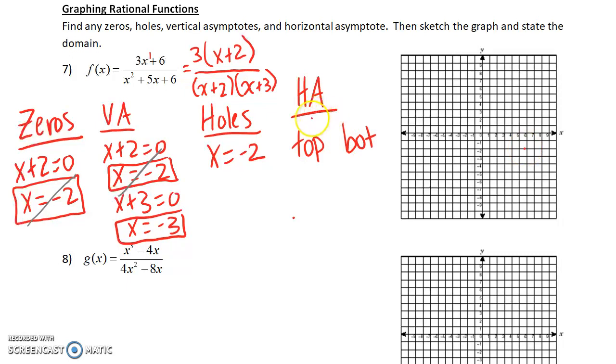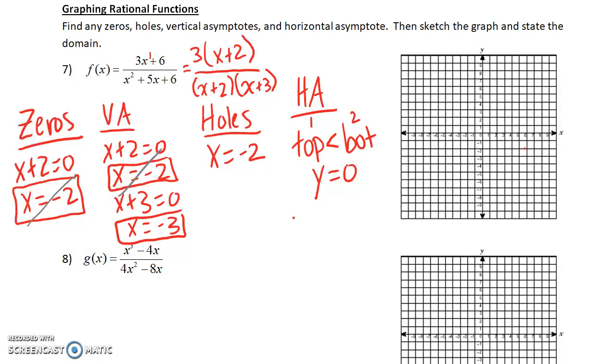So essentially you're comparing 1 to 2. And hopefully you can agree with me that the top is less than the bottom. Looking at our notes, our 3 cases, when the numerator exponent is less than the bottom exponent, our horizontal asymptote is y equals 0.